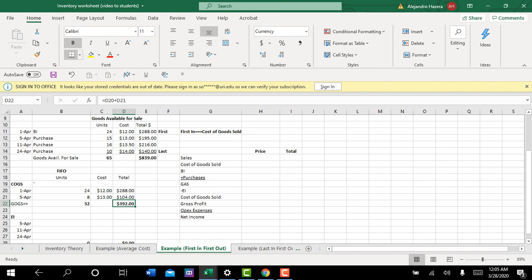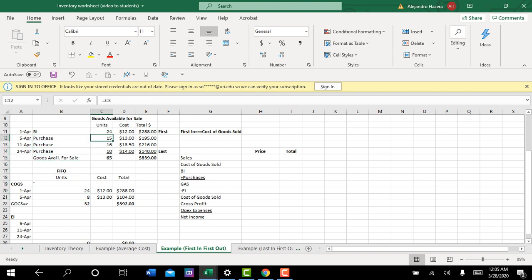First in is cost of goods sold. Okay, so we take 24. We know we sold 32, so we take the 24. That cost us $288. That wasn't enough to get us to our 32 units, so we took 8 units from that $13 layer right there. So $392 is your cost of goods sold here.